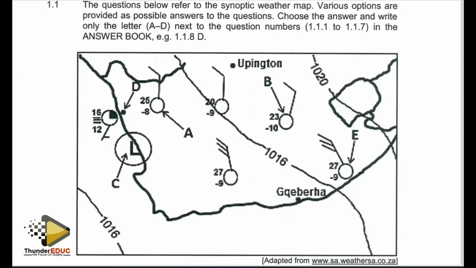eastern direction. We also see another isobar which crosses via this path here, which has a reading of 1020. So our isobaric interval is 4 hectopascals, from 1016 to 1020. That is a difference of 4 hectopascals.